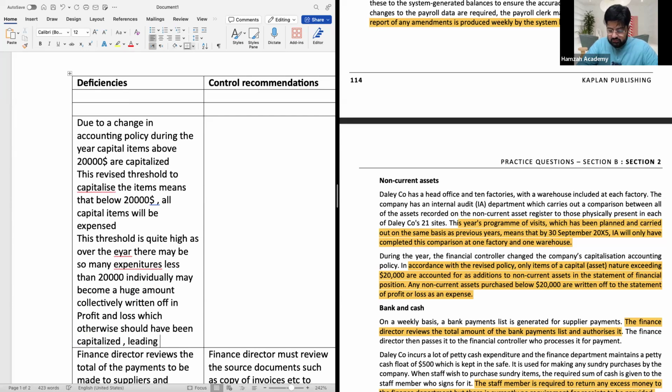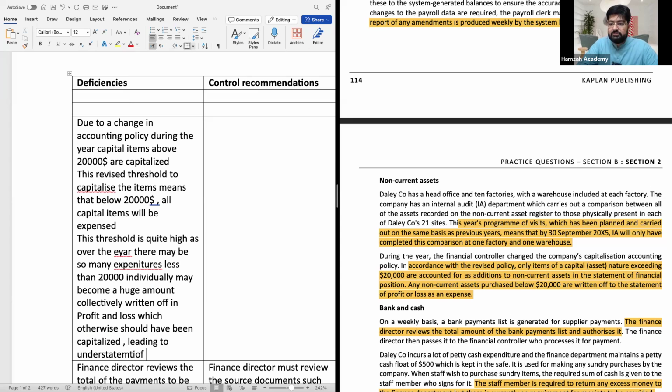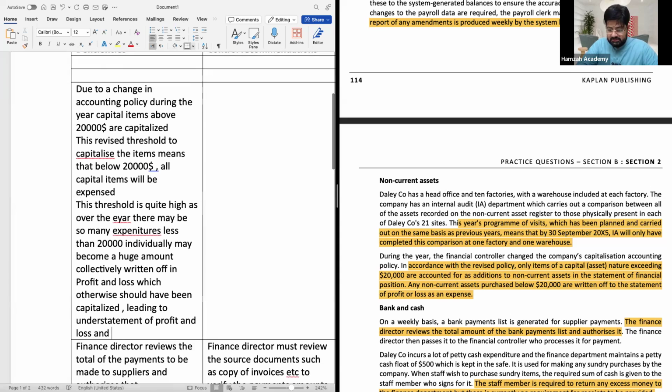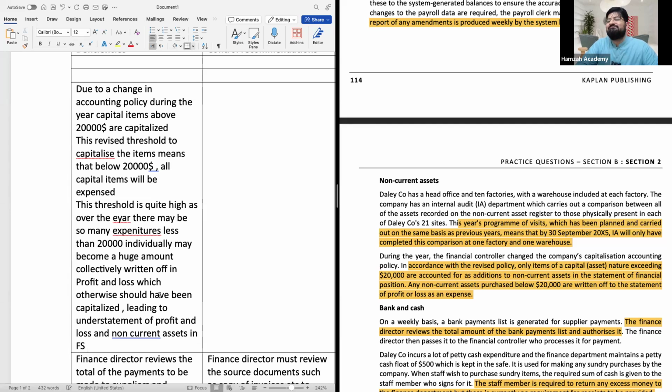Leading to understatement of profit and loss and non-current assets in financial statements.